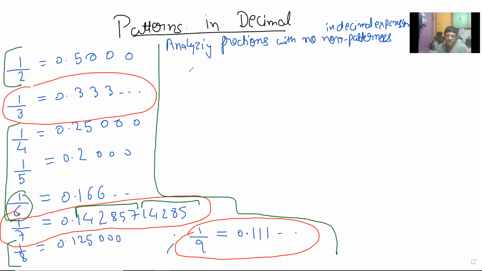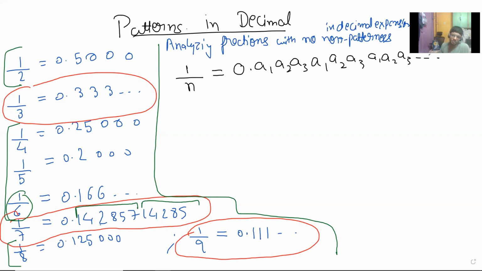What I'm saying is that you take a number like 1 by n, and there is a pattern right from the beginning. The length of the pattern is not important now. Let's say a length 3 pattern, that exact length doesn't matter. What do we want to show?